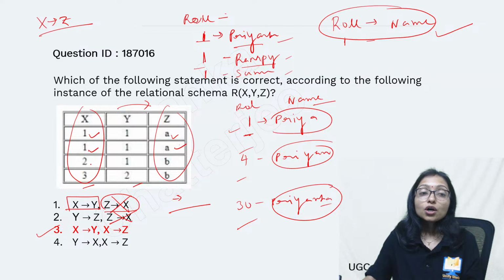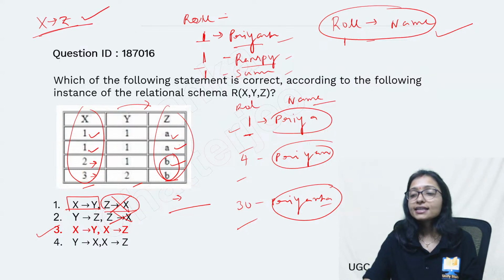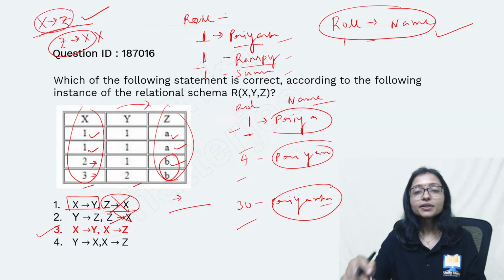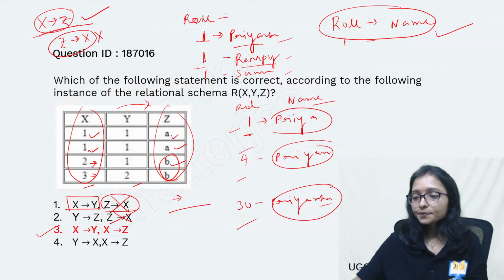Roll number 2 name is B, roll number 3 name is B. That is possible. In one class multiple Priyankas are possible. That's why X implies Z is correct, but Z implies X is not correct. I took this example so that your understanding should be clear.